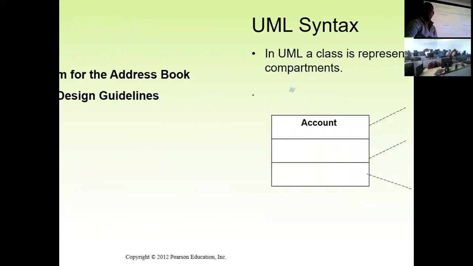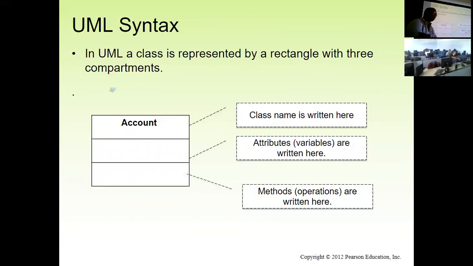So let's look at a little bit of syntax. When you're specifying a class in UML, you use a rectangle which has 3 segments, right? The first segment, you write the class name. The second, you write the attributes. And then the third, you write the methods. Simple, yes? And we know our classes already.